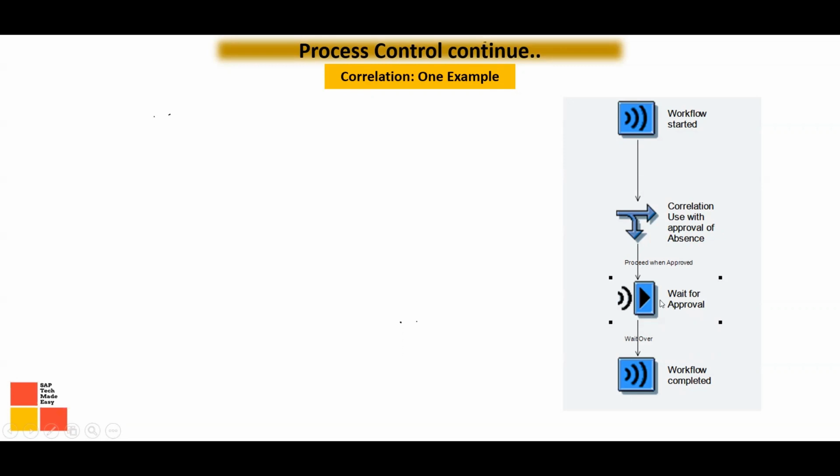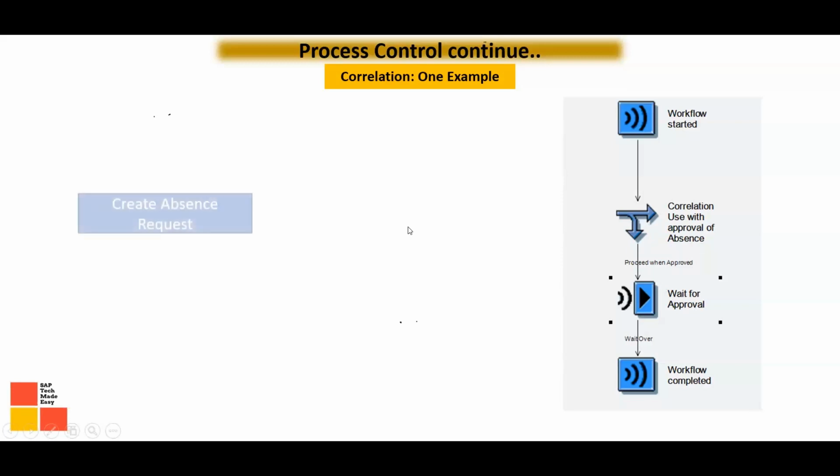So see here, one wait for approval step, I have put it over here, and this is going to be waiting for the event to receive the approval. Once it receives the approval, then this particular step of the process control will be responsible for going further, for this particular workflow to complete.